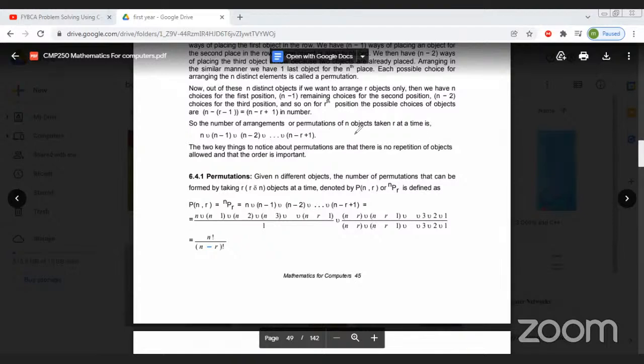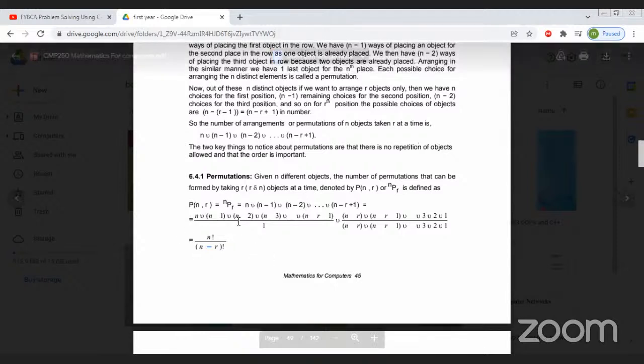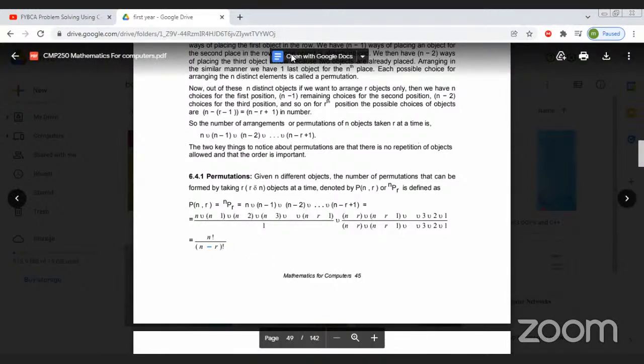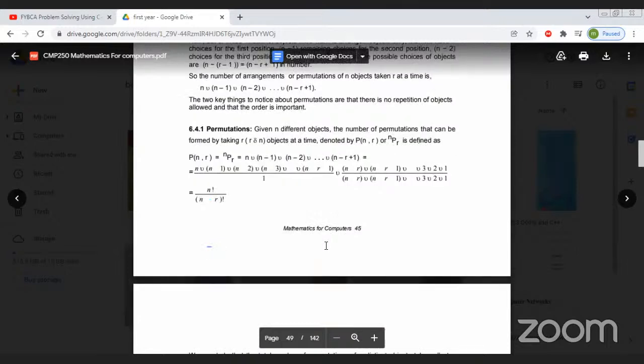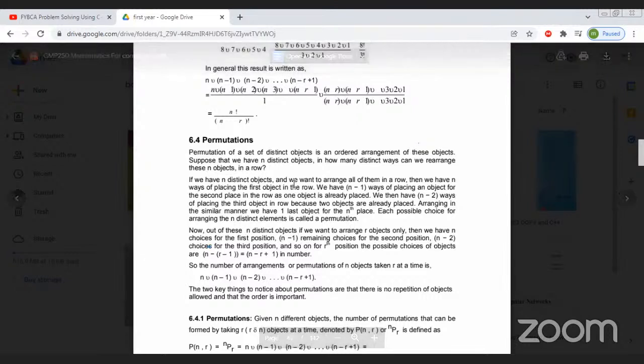If you go from this method, you will understand how it came. And the last product which we get is n factorial upon n minus r factorial. Should I read it out? If you have n distinct objects, you need to arrange them in a row. Here you only have a row, it's fine. But if you had circular, it will be n minus 1 objects.